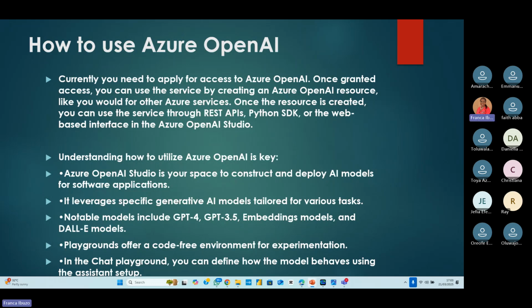Understanding how to utilize Azure OpenAI is key. Azure OpenAI Studio is your space to construct and deploy AI models for software applications. You've used it in one of your practicals, so you've seen how it works.